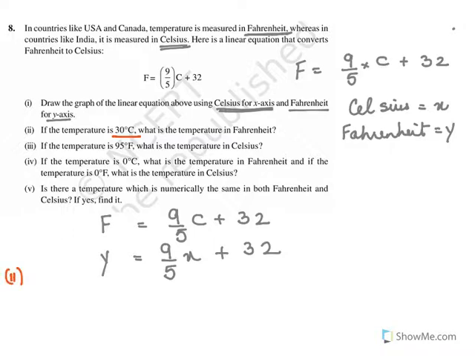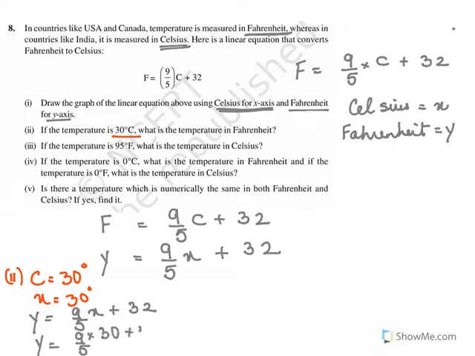So the first one: if the temperature is 30 degrees Celsius, and Celsius we have taken as x, so x is 30 degrees. So let's put in the equation. This is our equation, y equal to 9 by 5 x plus 32. So y equal to 9 by 5, the x I am putting is 30, plus 32.